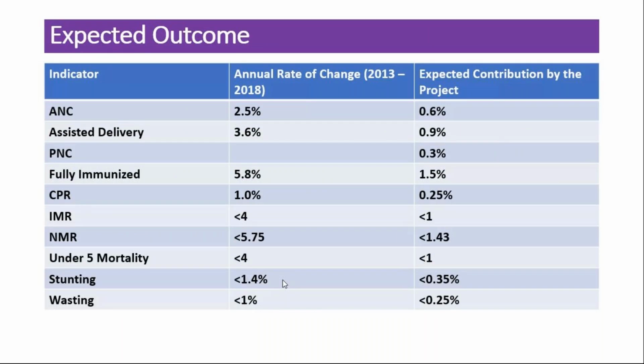So what are the expected outcomes? I've shown you the different indicators of health, like ANC, assisted delivery, PNC, fully immunized children, CPR, IMR, NMR, and other indicators. In this slide, we have calculated the annual rate of change in terms of two PDHS surveys of 2013 and 2018. For example, in antenatal care, there's an annual rate of change of 2.5%.